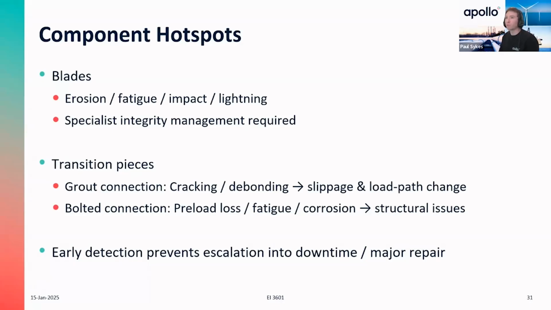Transition pieces are also a well-known integrity hotspot in offshore wind. So for grouted connections, one concern is the risk of load redistribution and movement, which can lead to cracking, wear, and loss of stiffness if not identified early. Bolted connections, you've got the threat of loss of preload, then fatigue, and also corrosion are the recognized degradation mechanisms, and that has a knock-on effect to the structural integrity.